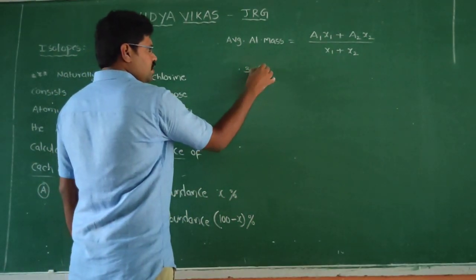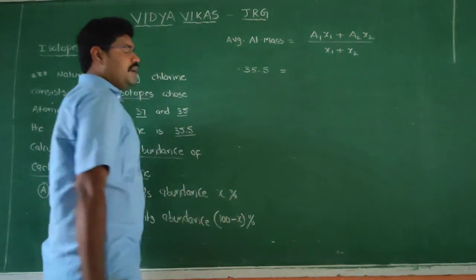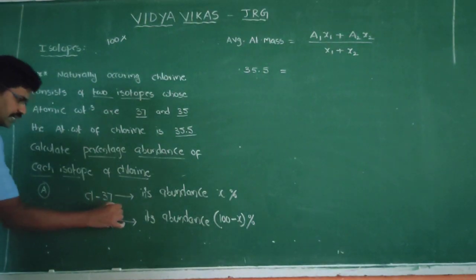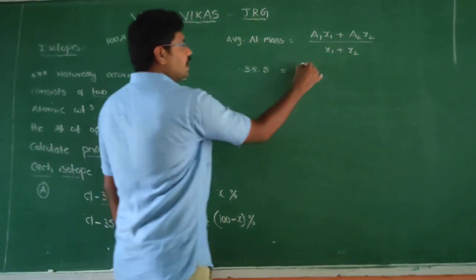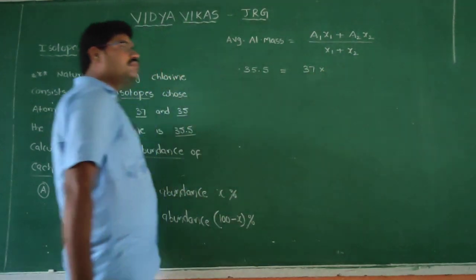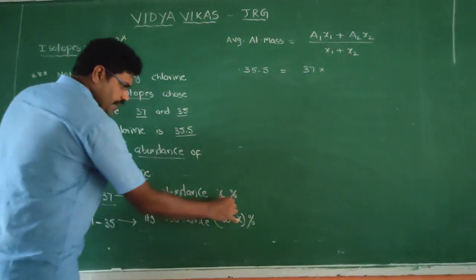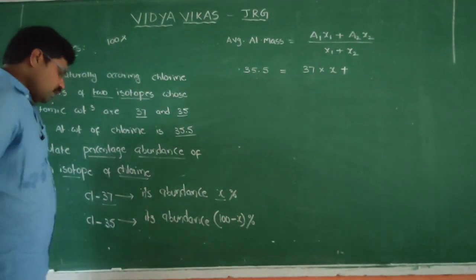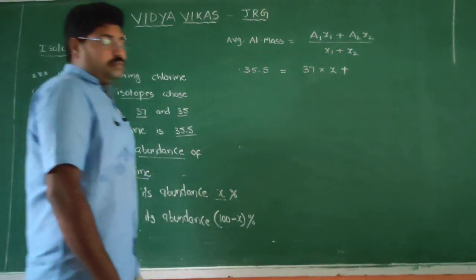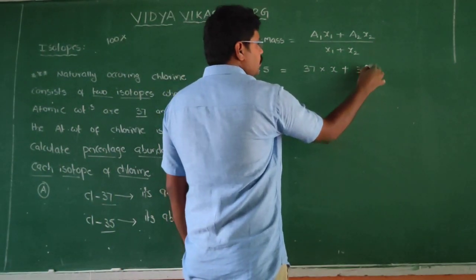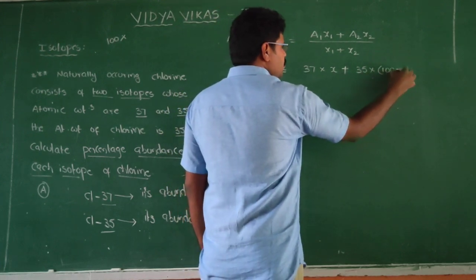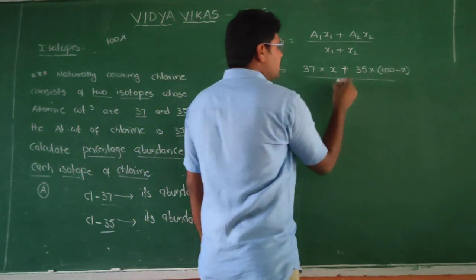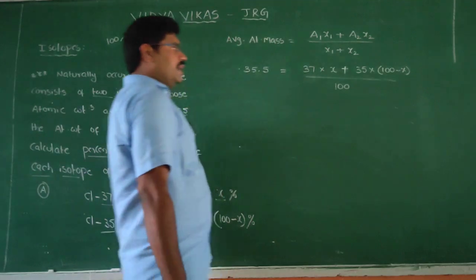The average atomic mass is already given as 35.5. The first isotope's mass number is 37, so 37 into its abundance X percentage, that is X, plus the second isotope's mass number 35, dear students, into its abundance 100 minus X, keep in mind, by X1 plus X2, the total abundance, which is already 100%.